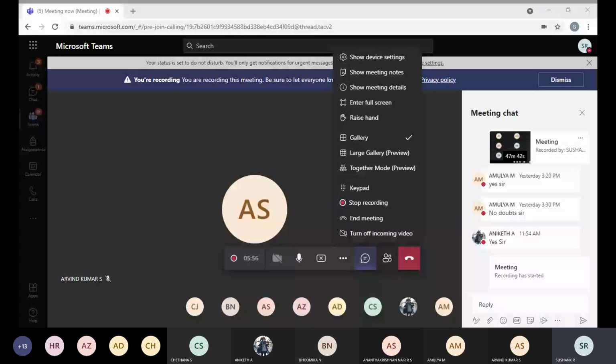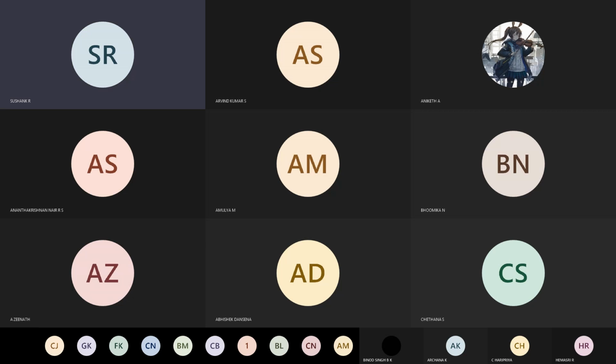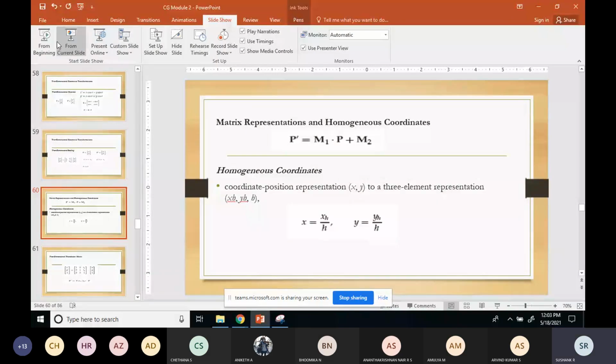The last column took the translation values, that is tx, ty. Sir, the PPT is not visible. One second, I'll just check. Yes, sir, it is visible.